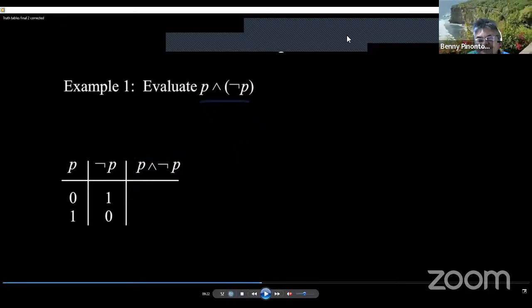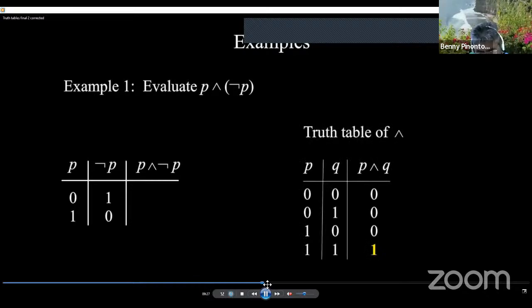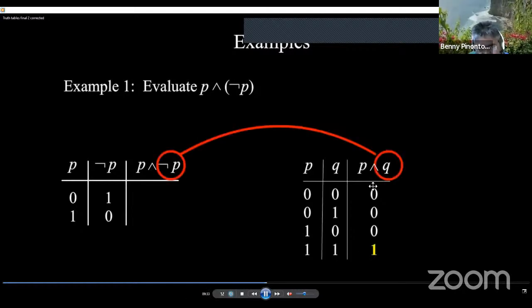Okay, then that is the n. So again, the n is only 1 if they are both 1. So here we have all different, and so the value for this one is all 0. That's just to remind you of the n.